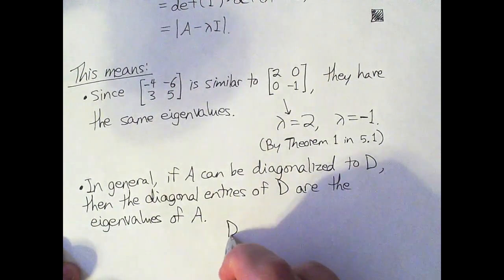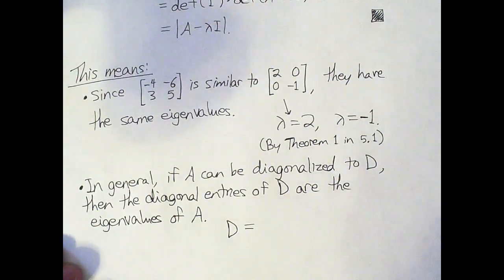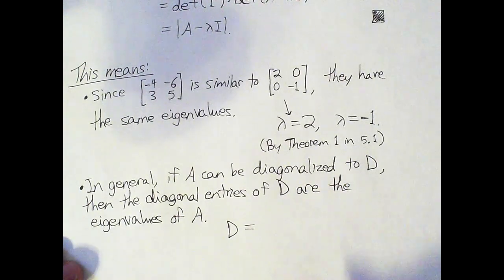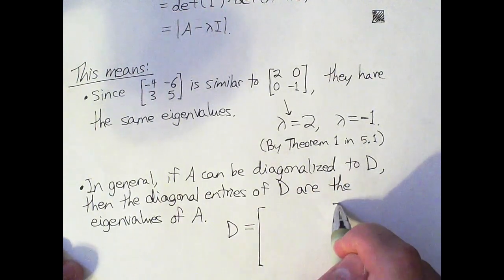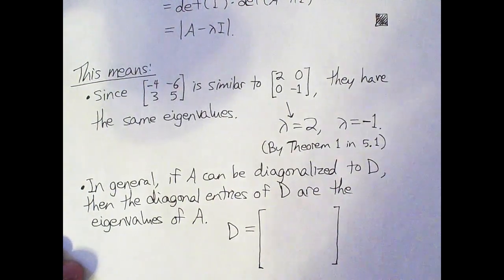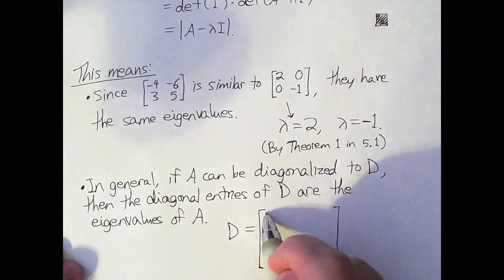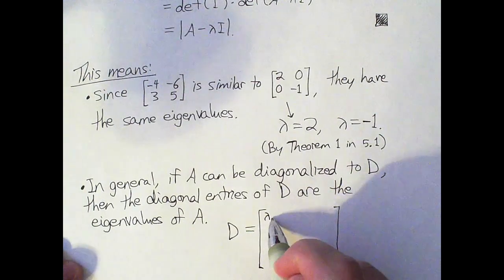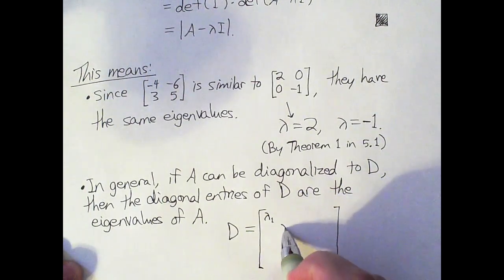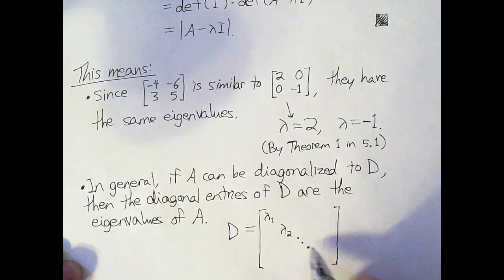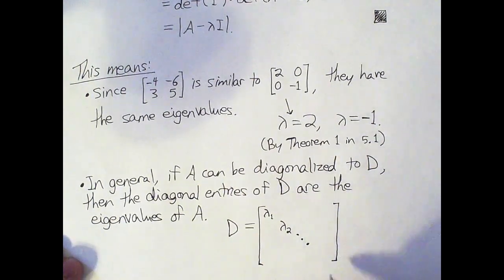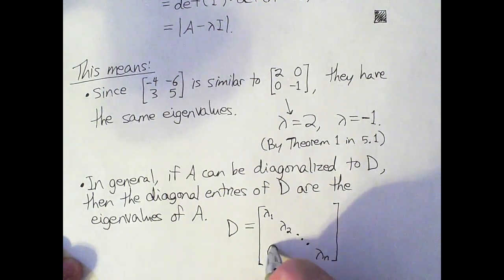So that means that if a matrix is diagonalizable, then D has to be lambda 1, lambda 2. We don't know how many of them there are, right? And I'm trying to be general here. We'll say up to lambda n, and all the other entries are zeros.